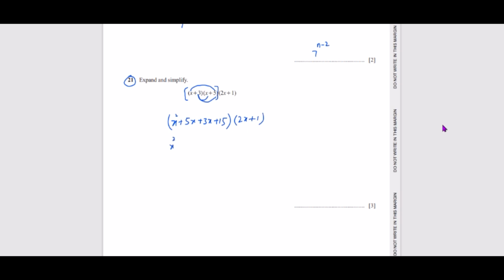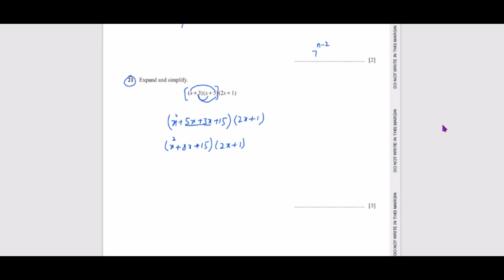So x square, sum of these values, plus 8x plus 15, 2x plus 1 is same.